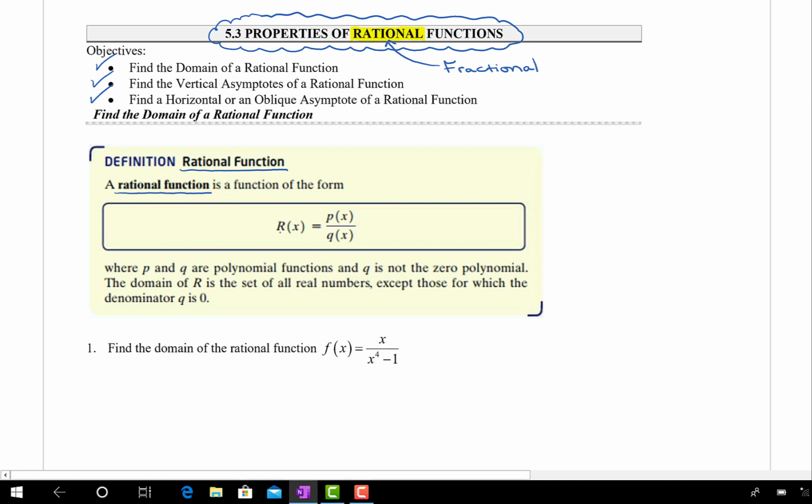All right, definition of a rational function. A rational function is a function of the form r of x is equal to p of x divided by q of x. Notice how it's written in the form of a fraction, right?